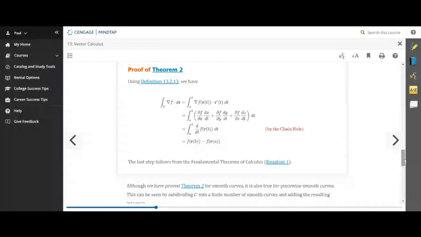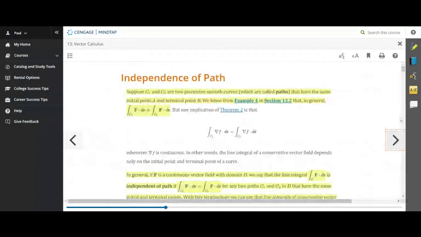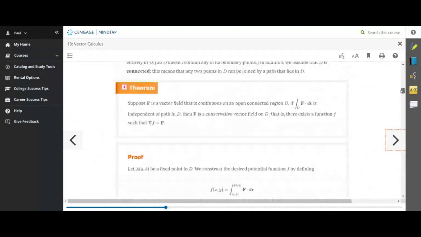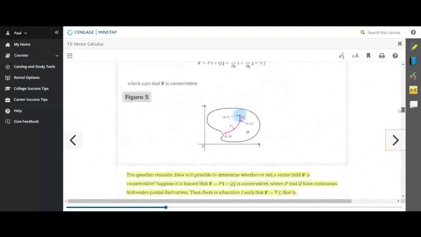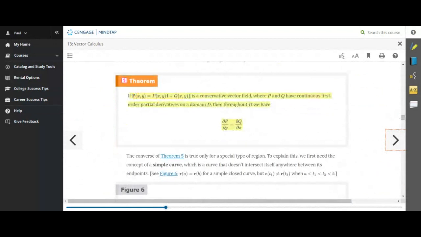Okay, so of course we like applying this fundamental theorem of line integrals. We like doing it, and it helps if we have criteria to establish if we have a conservative vector field.